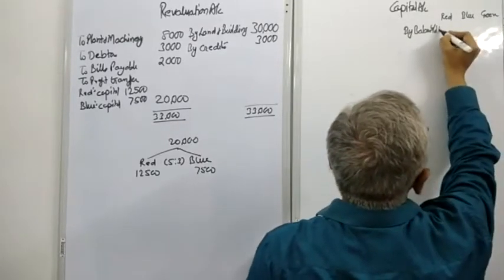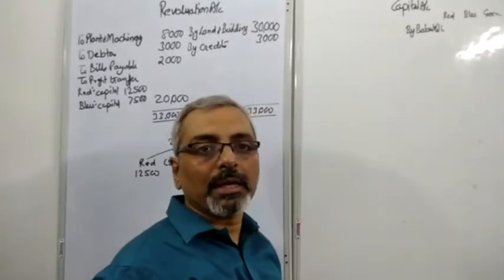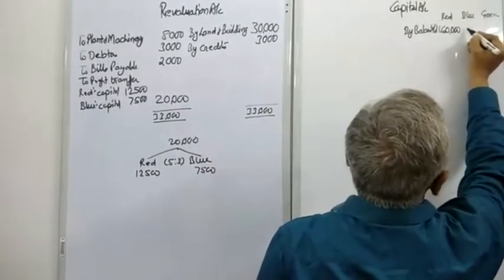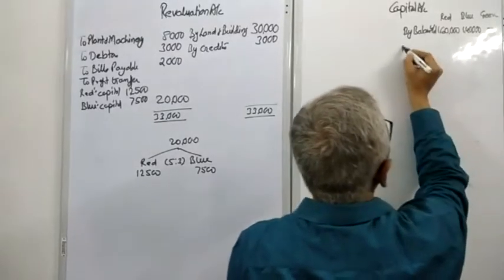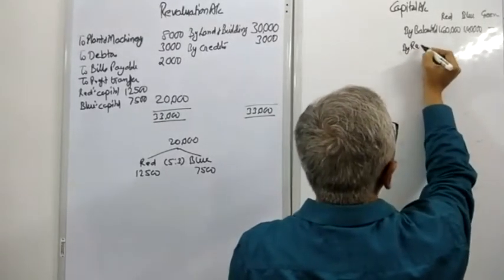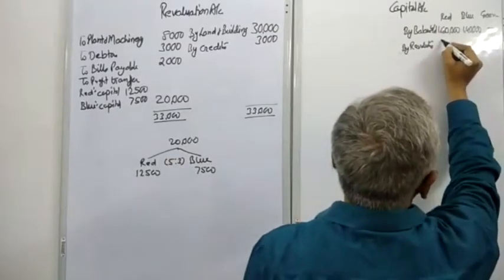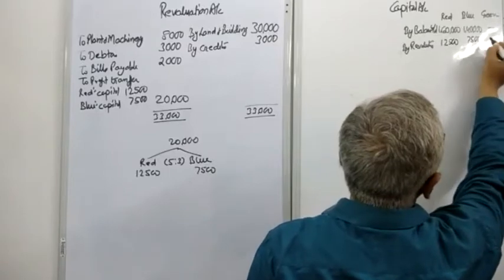Okay, now over here see what is the capital given of red. It is 1,60,000. Now what is the amount for blue? It is 1,40,000. Now the next entry is by revaluation, which is a profit which we have actually calculated, 12,500 for red and 7,500 for blue.